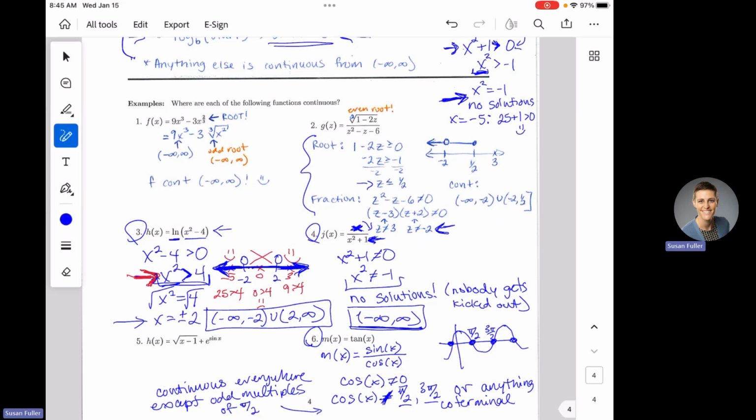Okay. There's not really a great way to do that. If you really wanted to put it into interval notation, it would be really hard. You would just kind of have to do a dot, dot, dot, union negative 3 pi over 2 to negative pi over 2, union negative pi over 2 to pi over 2, union pi over 2 to 3 pi over 2, union dot, dot, dot, right?